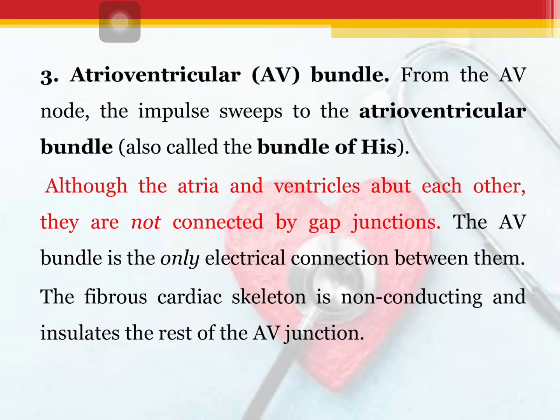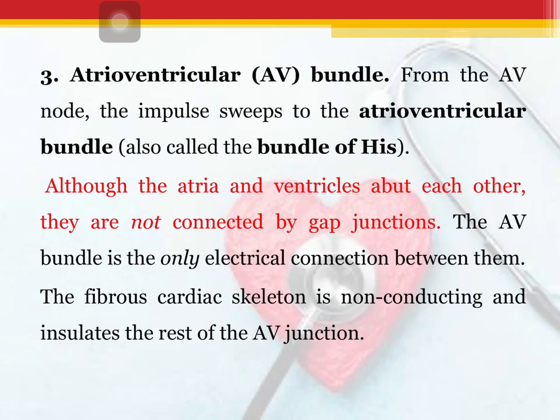The one that connects the impulses from the atria to the ventricles is this atrioventricular bundle, or bundle of His. The AV bundle is the only electrical connection between them. The fibrous skeleton is non-conducting and insulates the rest of the AV junction.